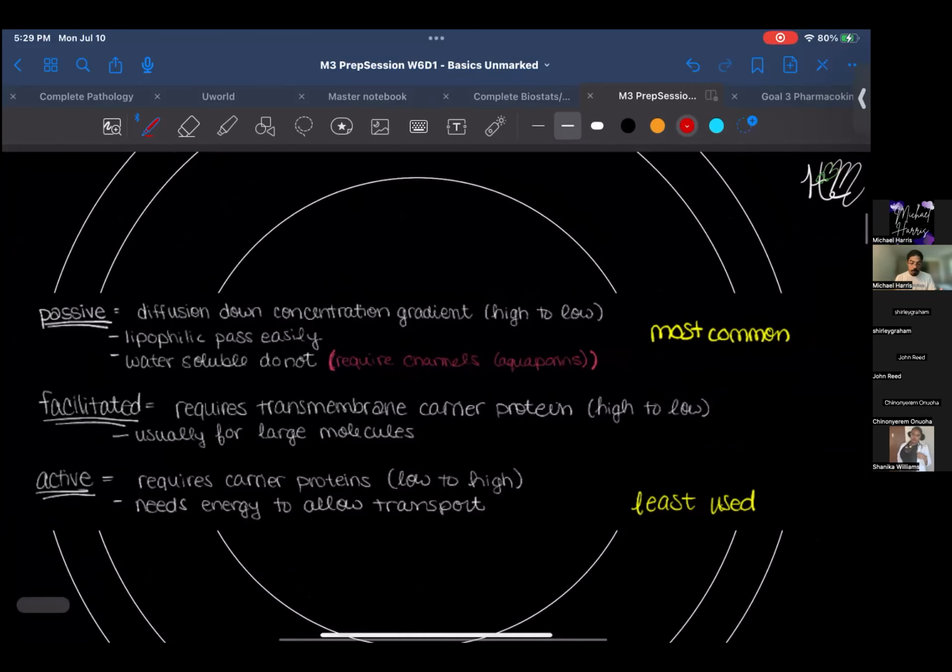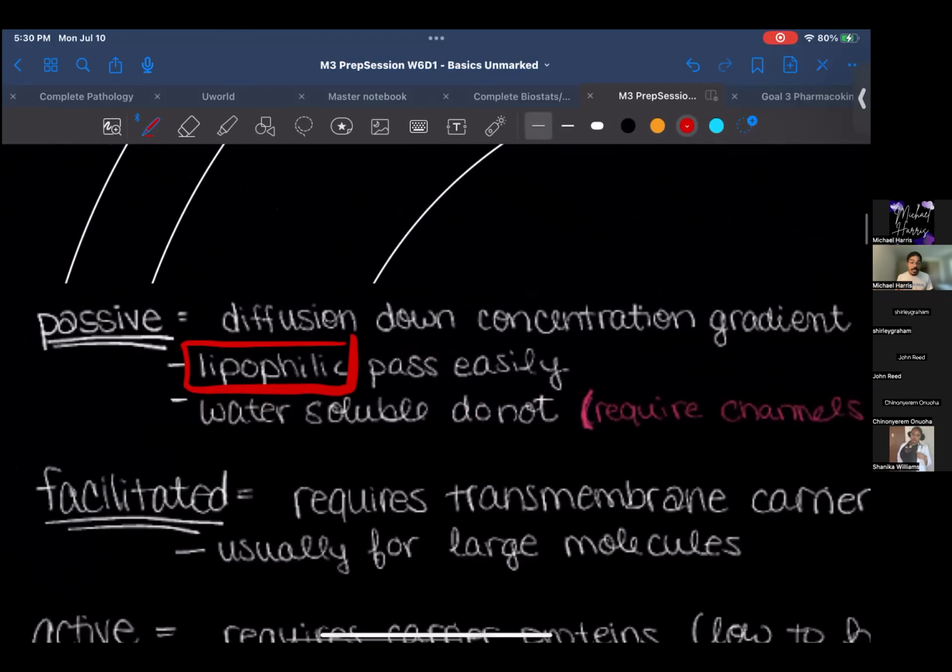All right. Once again, there are different pathways that these drugs can take to get to their various locations. They can do it via passive diffusion, lipophilic. Lipophilic is very important.